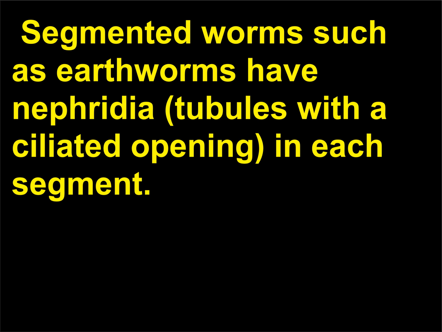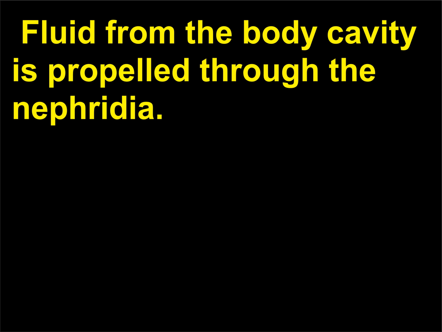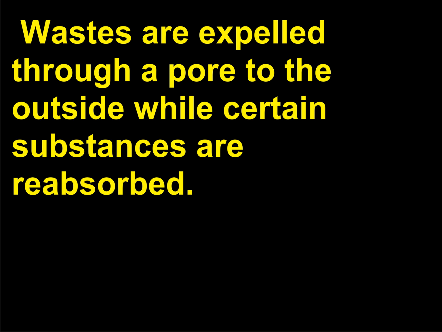Segmented worms such as earthworms have nephridia, tubules with a ciliated opening in each segment. Fluid from the body cavity is propelled through the nephridia. Wastes are expelled through a pore to the outside while certain substances are reabsorbed.